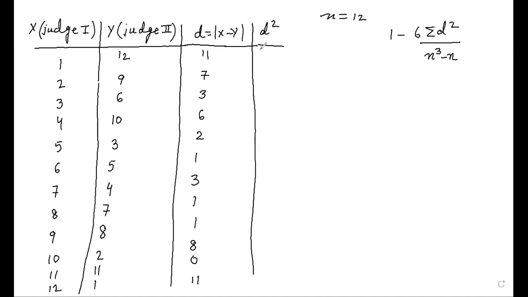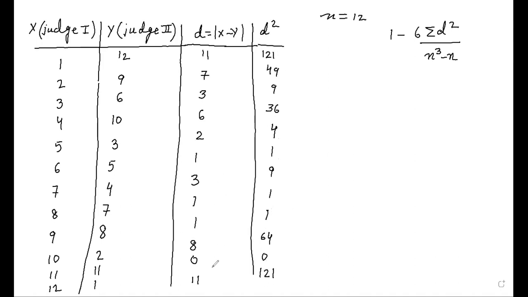So 11 square is 121, then 49, 9, 36, 4, 1, 9, 1, 1, 64, 0, 121.